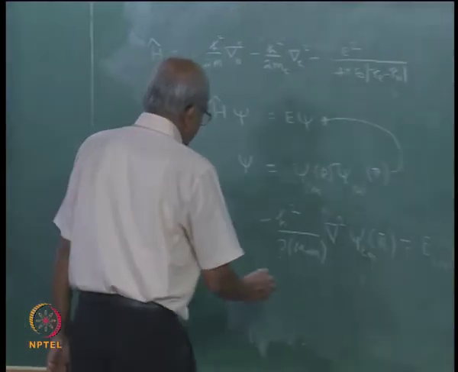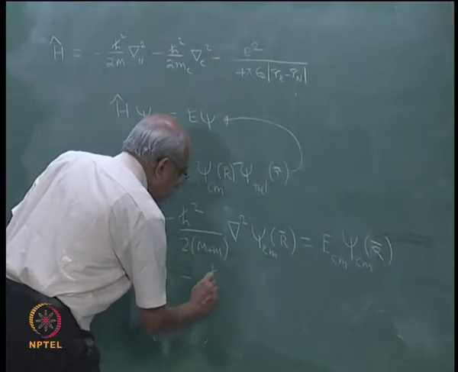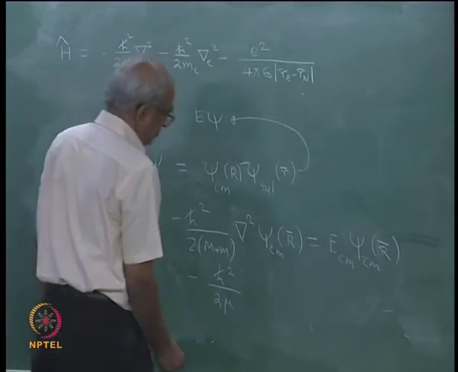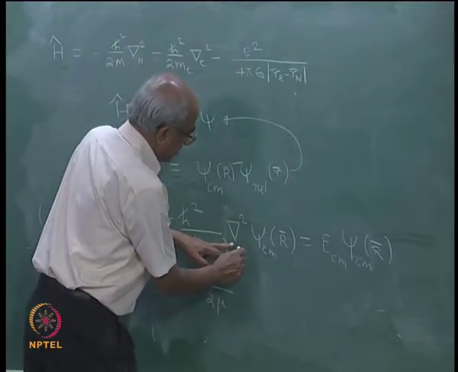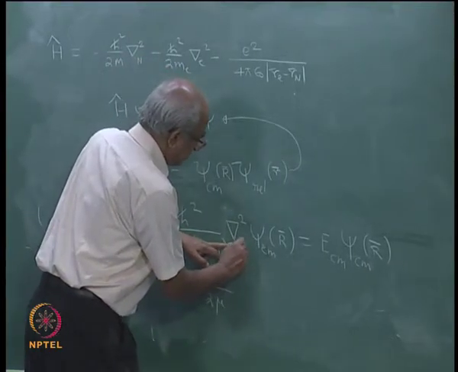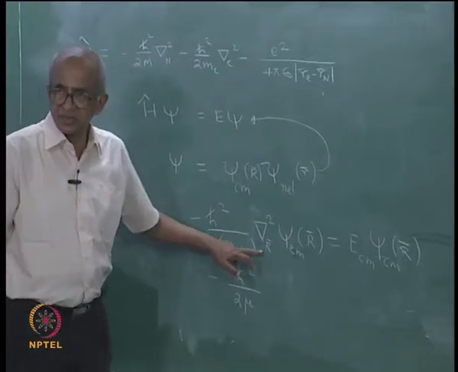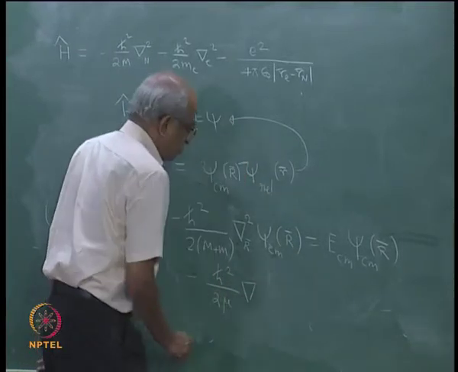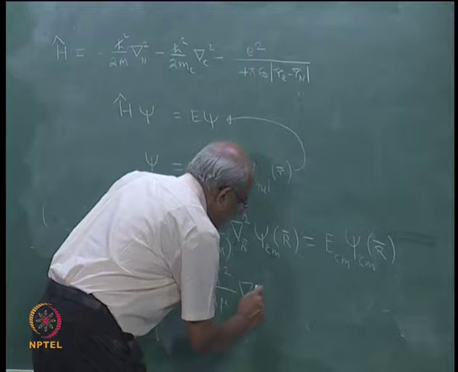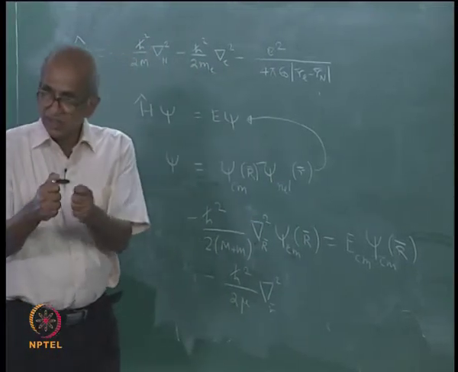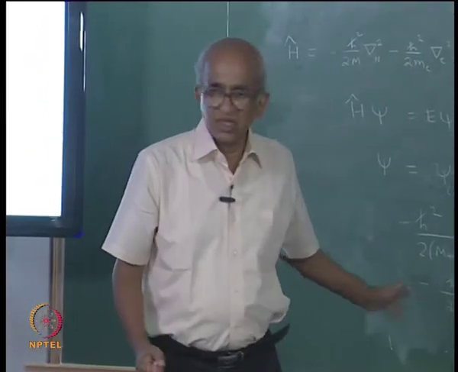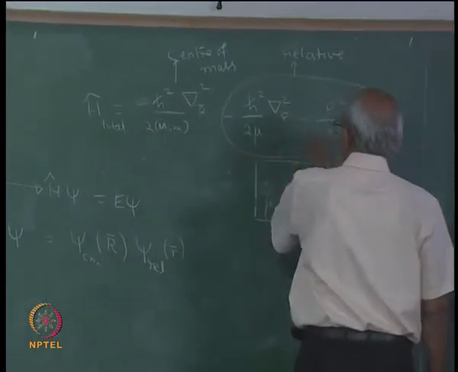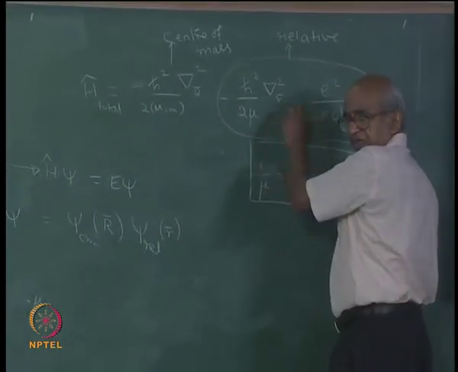And what will be the other equation? The other equation will be minus h cross square divided by 2 mu. I have been sloppy here, I should write an r here, because this differentiation is with respect to the relative coordinates. Then I will have minus h cross square by 2 mu del r square. This is actually kinetic energy due to relative motion. And what is that part? It is actually this one. This is the one that involves relative motion.